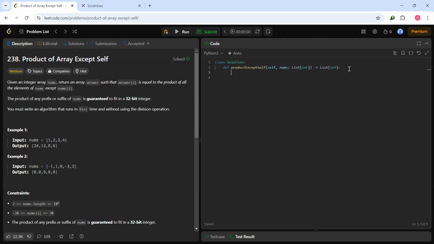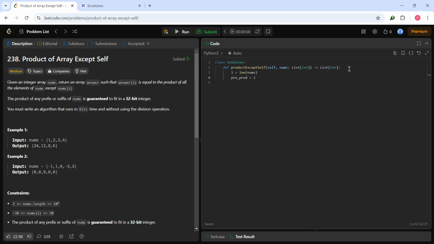So what we have to do is first I'm just going to create a variable called L. L is equal to the length of our nums. It is just for our convenience, to get the length in a variable so that we can use it in our loops rather than writing len(nums) again and again. Next we need a prefix product of everything in front. That would be pre-prod and it would start at 1.